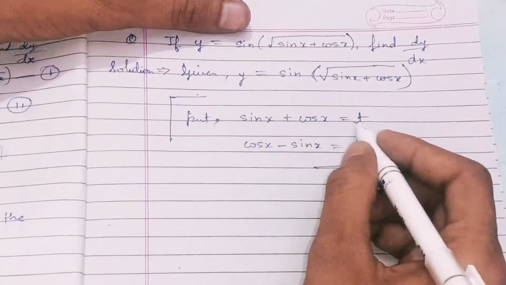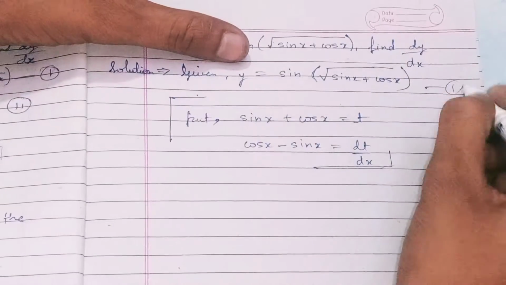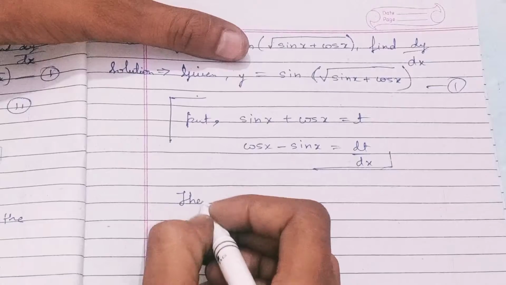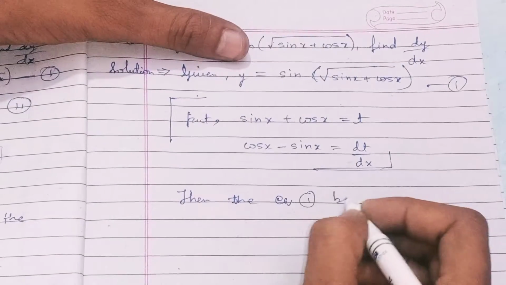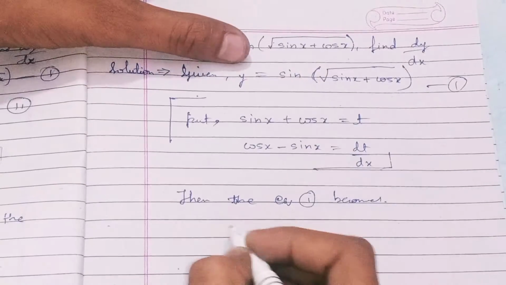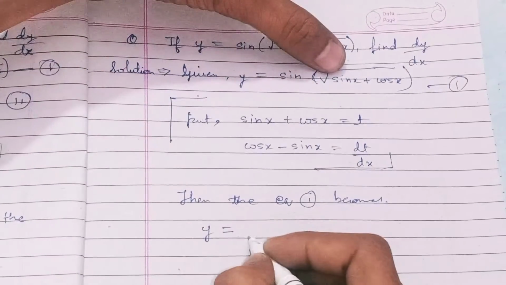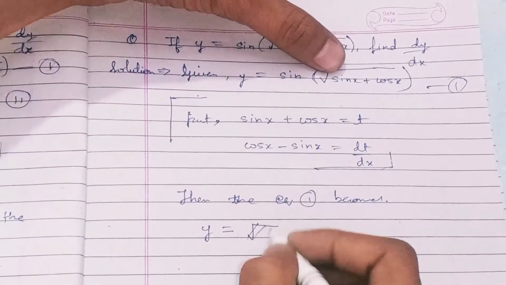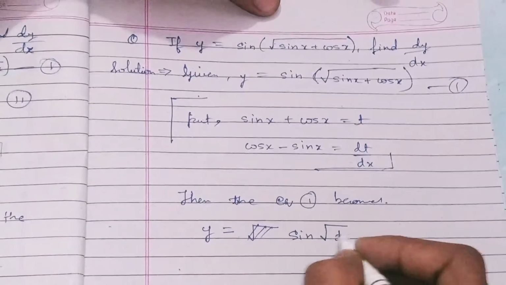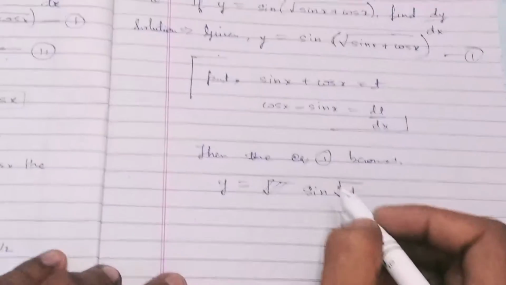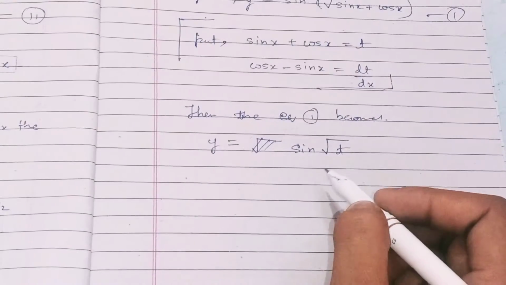So after putting this value, equation 1 becomes y is equal to sine root t. Now again we are unable to differentiate it.